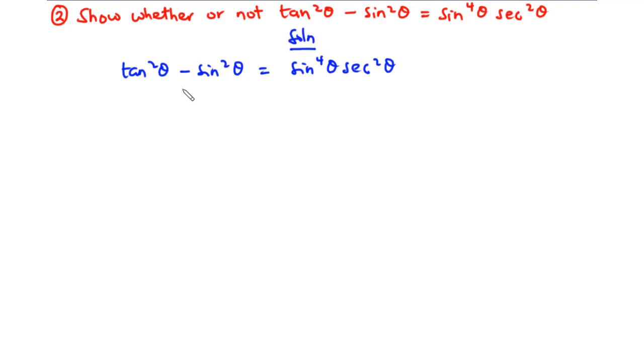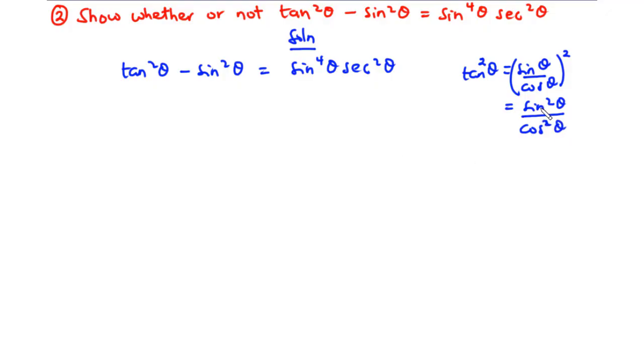Now from the trig identities, we know that tan theta is equal to sin theta over cos theta. So tan squared theta will be equal to sin theta over cos theta all squared, and this is equal to sin squared theta over cos squared theta.